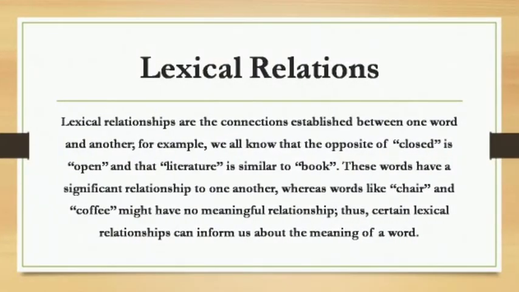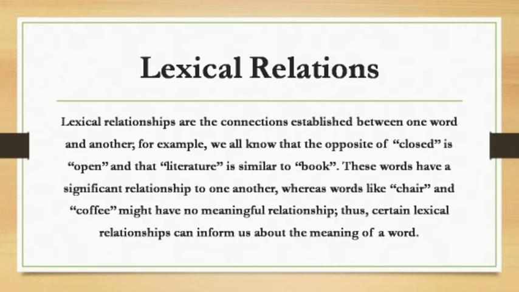Lexical relationships are the connections established between one word and another. For example, we all know that the opposite of closed is open, and that literature is similar to book.